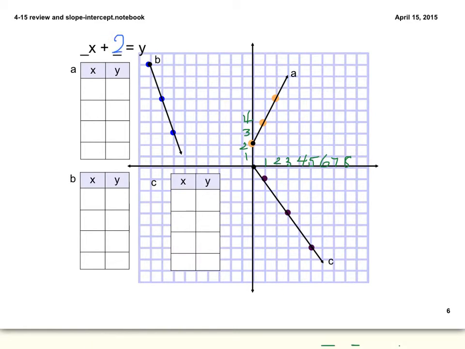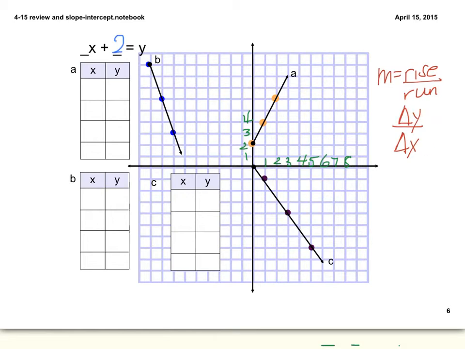Now my X, this is the part where you've got to know your slope-intercept form. Slope-intercept form, that's your M. M equals rise over run, or you can write it as delta Y over delta X, which is just, the delta just means change.